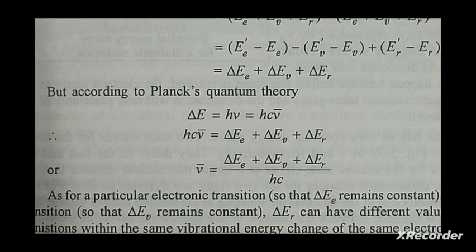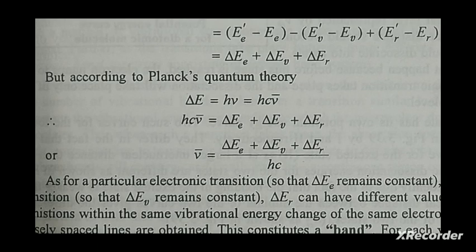According to Planck's quantum theory, delta E equals h nu, which is equal to h c nu bar. So h c nu bar equals delta E_E plus delta E_V plus delta E_R.